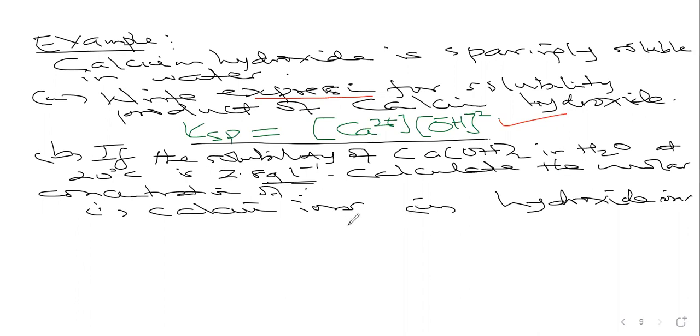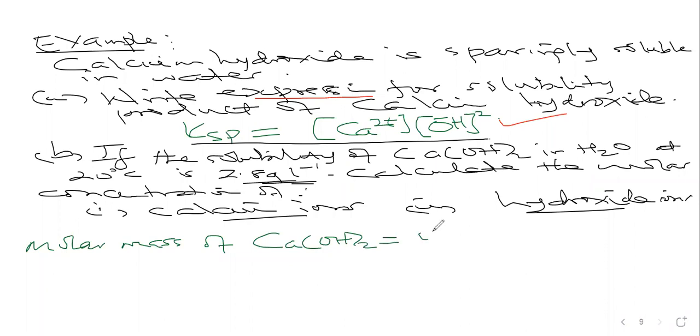So the first thing we have to do before we get to these concentrations is to convert this solubility to moles per liter. And that requires us to get the molar mass of calcium hydroxide, which is 40, plus oxygen here is 16 times 2, that is 32. Hydrogen is 2 times 1, which is 2. This gives us 74 grams.